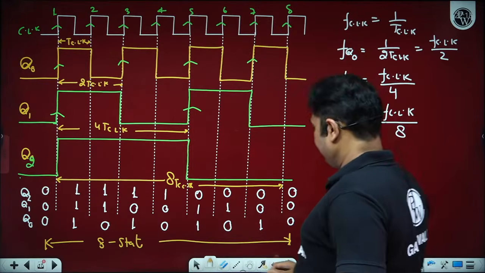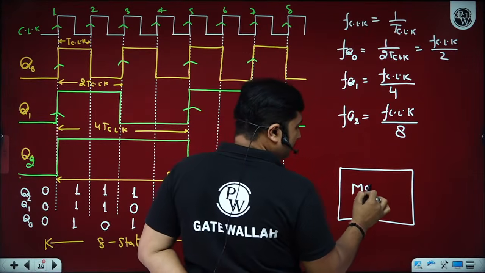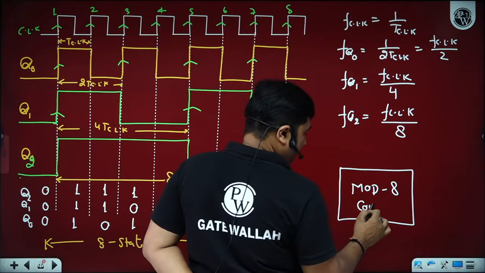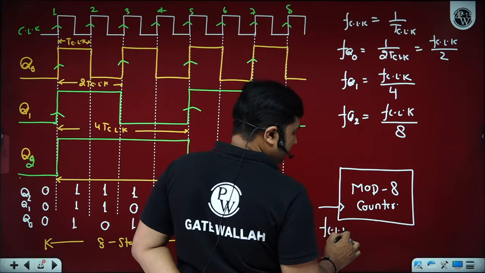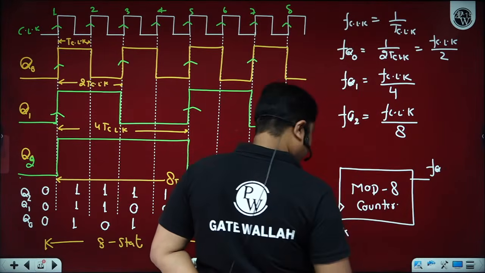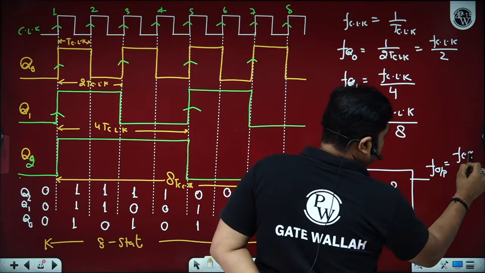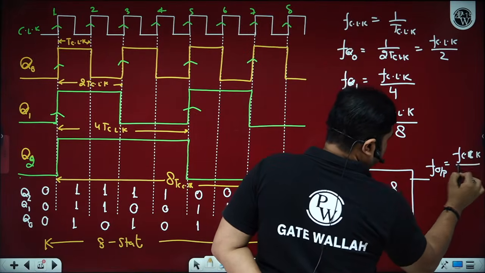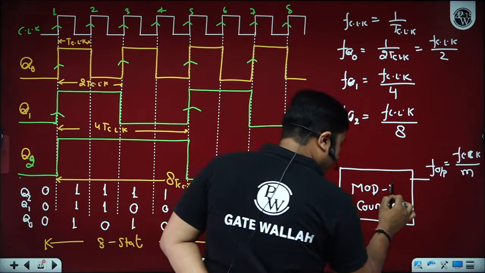FCLK by 8. Always remember, if we have a mod 8 counter, then for a clock frequency FCLK, we get the final output frequency as FCLK by M for a mod M counter.